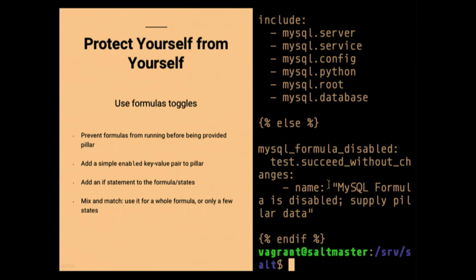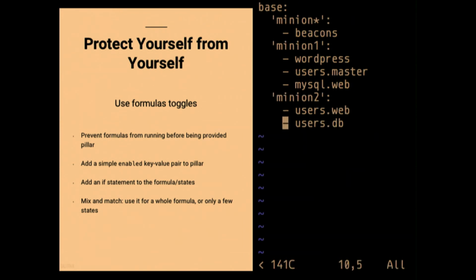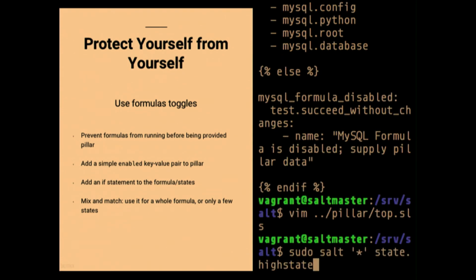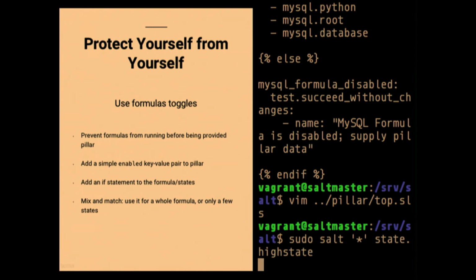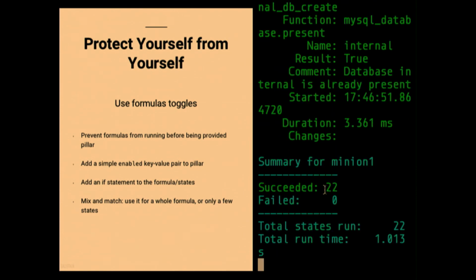Now what happens when we do add pillar data? Well, I'll open up my top.sls under my pillar file, and for minion 2, I'll go ahead and add that MySQL.web data. And then we can rerun that high state. And of course, it's working on minion 1 as it was before.